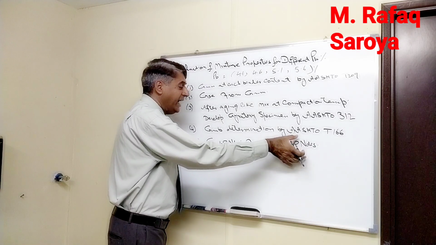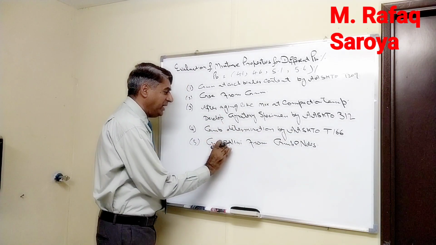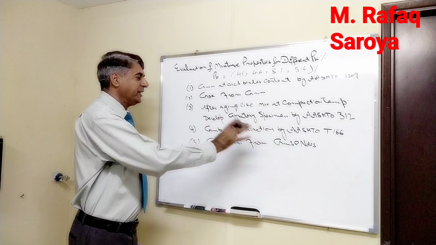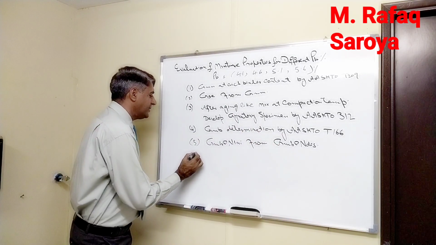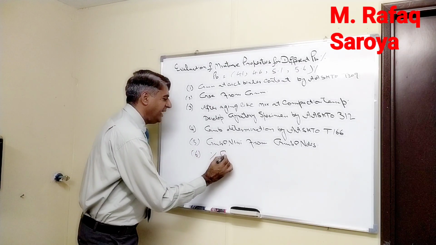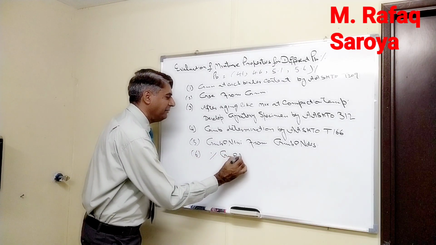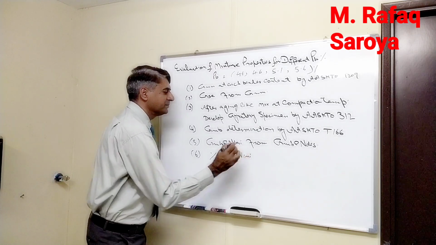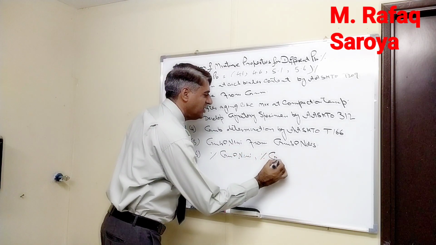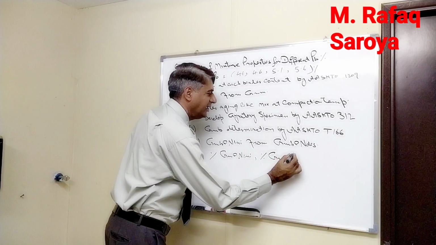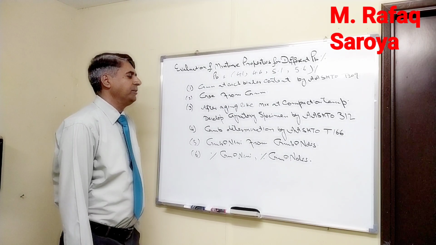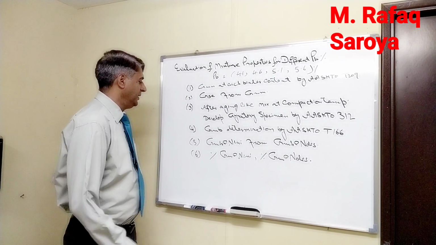From this GMB N dash, we have to calculate GMB at N initial. When this value has been calculated, next we will find out percentage GMM at the rate of N initial, percentage of GMM at the rate of N dash. These two properties will be determined.